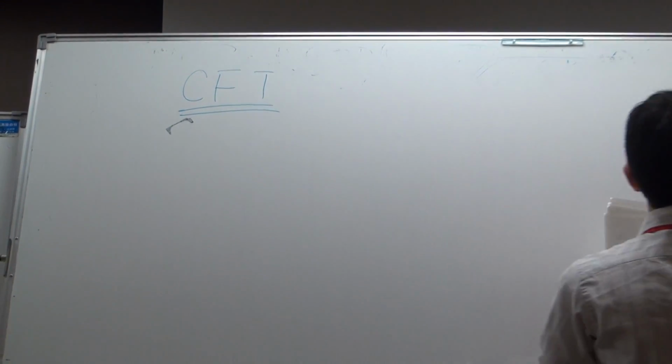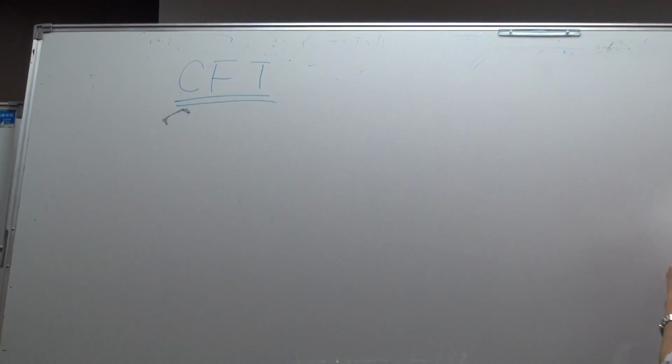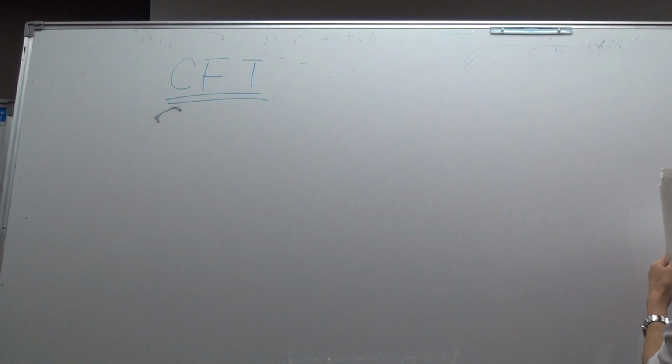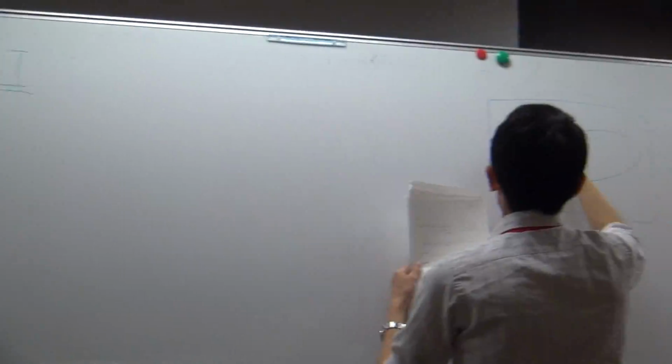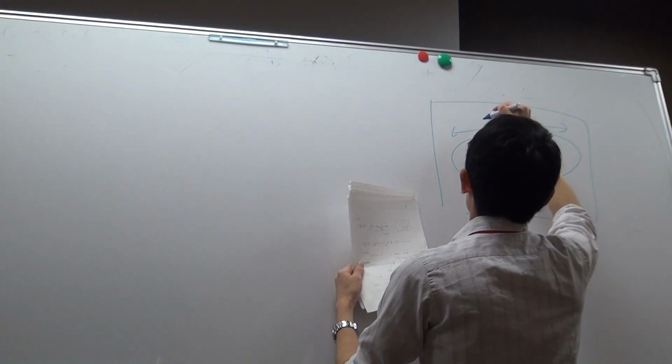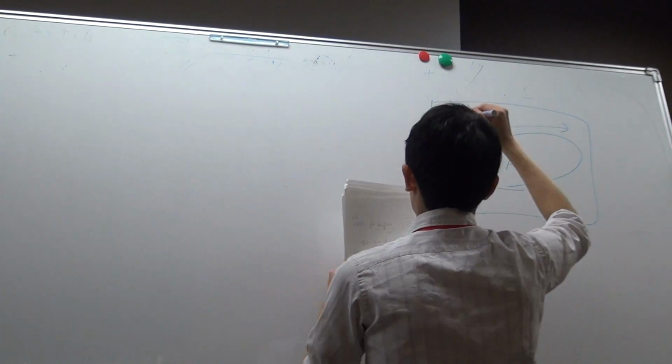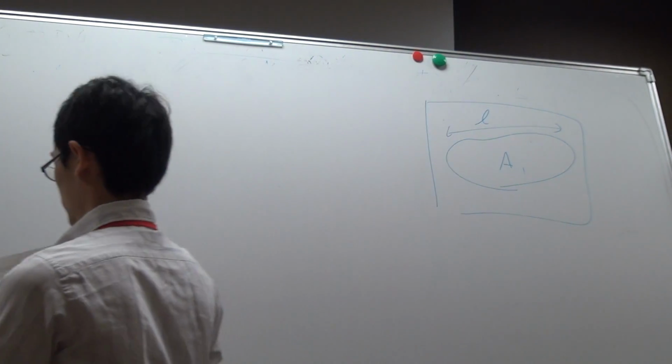Okay, so I have a system A whose typical length is given by small l, and I consider the scaling of the partition function of the system. So I'm interested in the scaling of the partition function, but on the singular space.